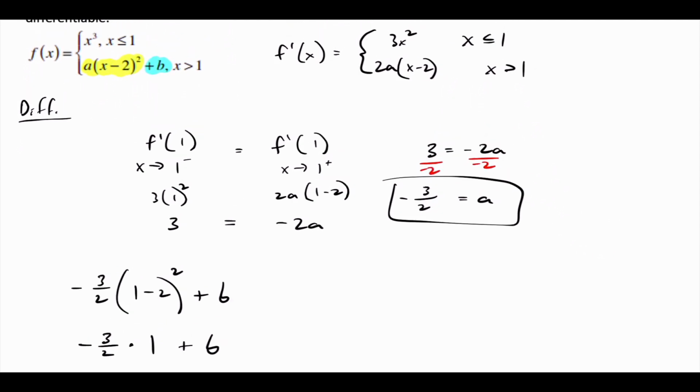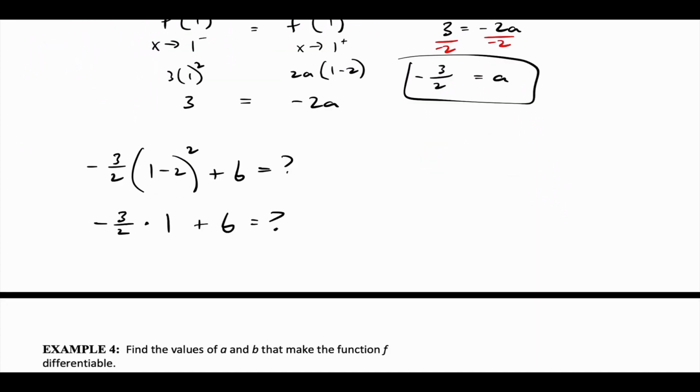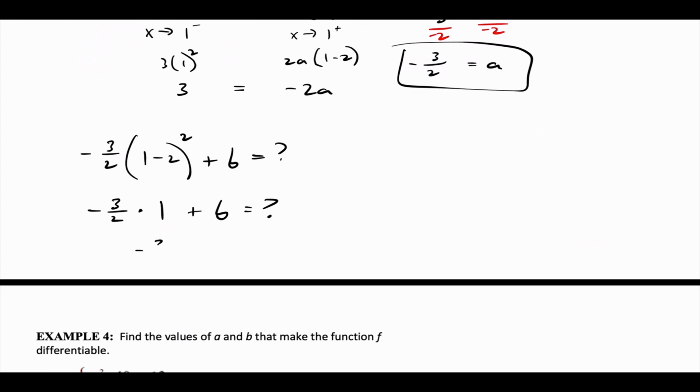I didn't put an equals. Oh, I know what to do. Okay. So to solve that, we need it to equal something, right? Because we need something on the other side to balance it out. This side here is going to be negative 3 halves plus b. But to solve for b, it's got to be equal to something. What is it going to be equal to?